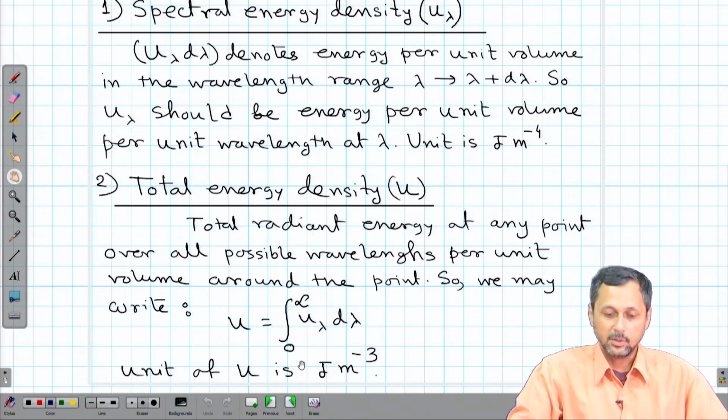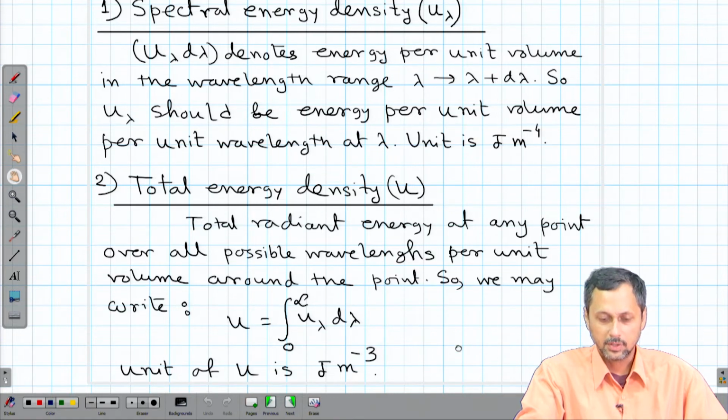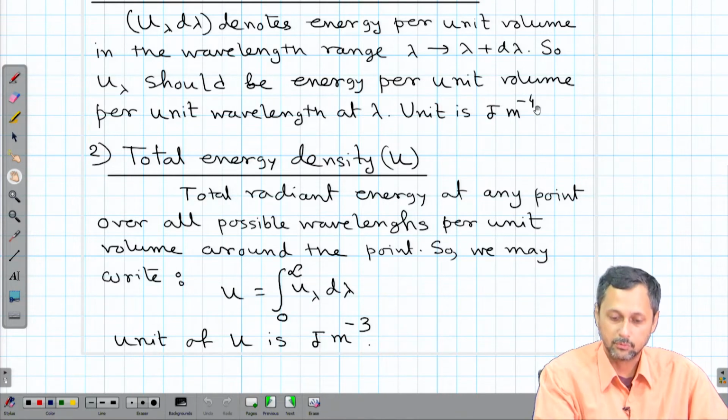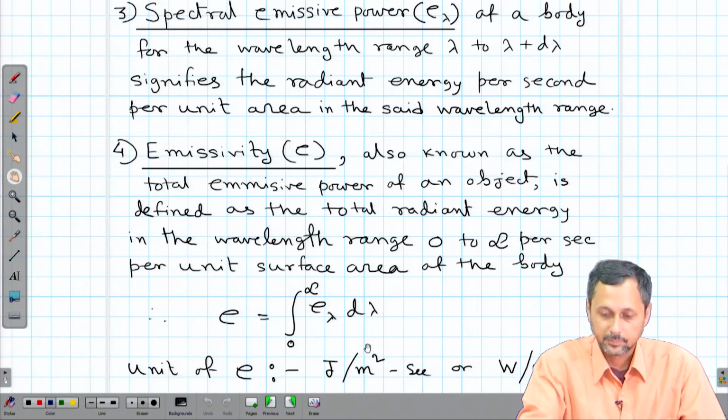Now, obviously, the unit of U will be joules per meter cubed, because U lambda has units of joules per meter to the power 4. We are multiplying this with lambda once again. So, the units will be joules per meter cube, right.